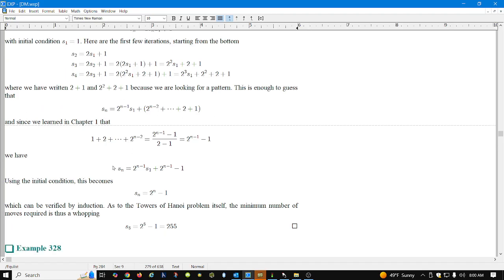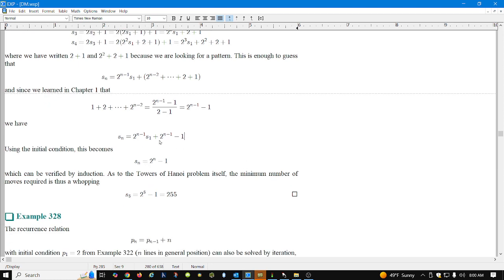Well, we learned a long time ago how to evaluate the sums of powers of a real number. So it comes out to be this, and that reduces the recurrence relation to this. Okay. And you can factor out the 2 to the n minus 1 here if you wanted.